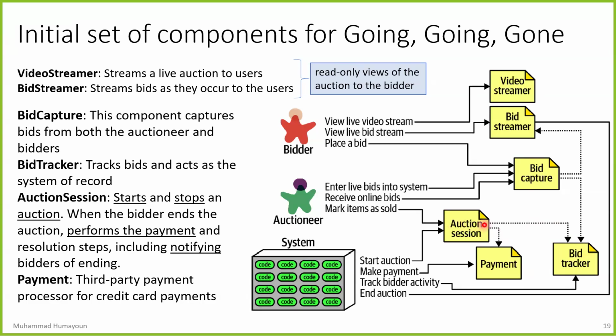Auction session can talk to it, and bid capture can talk to it, and bid capture can also talk to bid streamer. Once someone wins a bid, make payment can happen through payment. Auction session identifies which bidder wins, and it can take us there. Finally, end auction can be connected here, so bid streamer will stop.